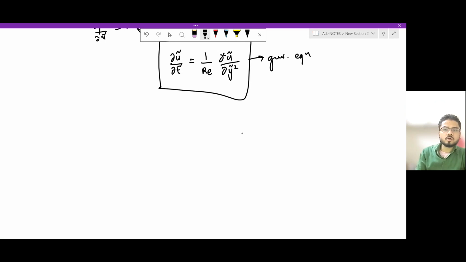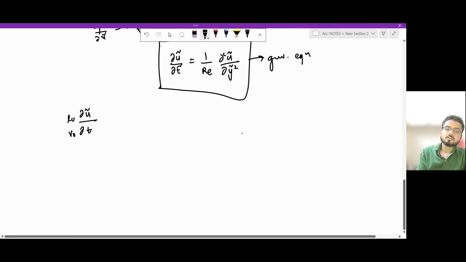Now, there is one thing that we can do here to simplify the problem. Del u tilde over del t tilde is del t over L naught by V naught. So t divided by t naught, where t naught is L naught by V naught. So this is V naught here and L naught here.